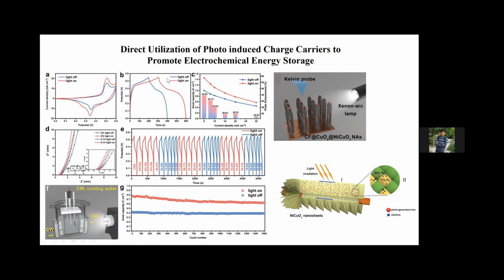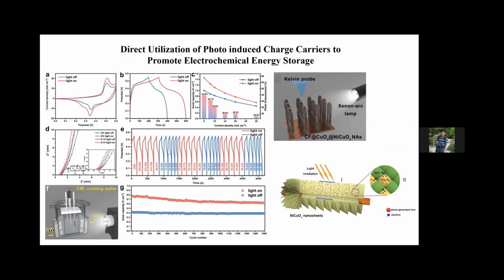In case of light off, we can see here, it discharges very fast. If we see here, in light on condition its capacitance is increased compared to the light off condition. So this supercapacitor can be used in this type of photo detector application.